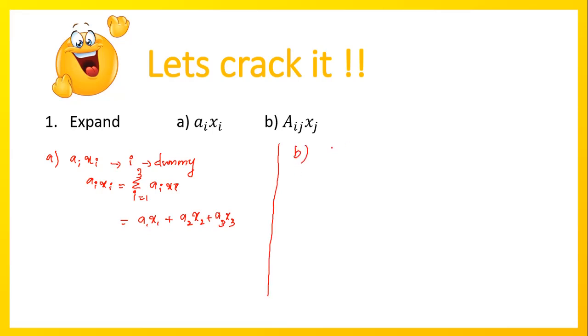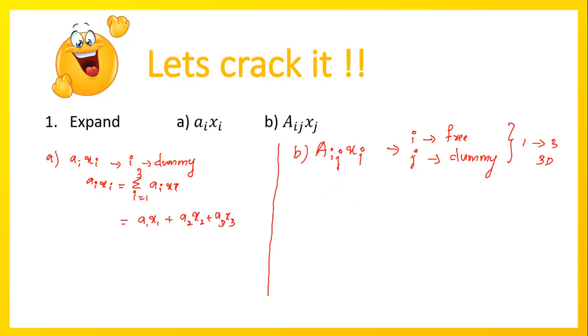Now, see the second equation. Second term, Aij xj. Here, I appears once, which denotes that I is a free index, and j appears twice, which denotes that j is a dummy index, and both I and j will range from 1 to 3 in a three-dimensional space.